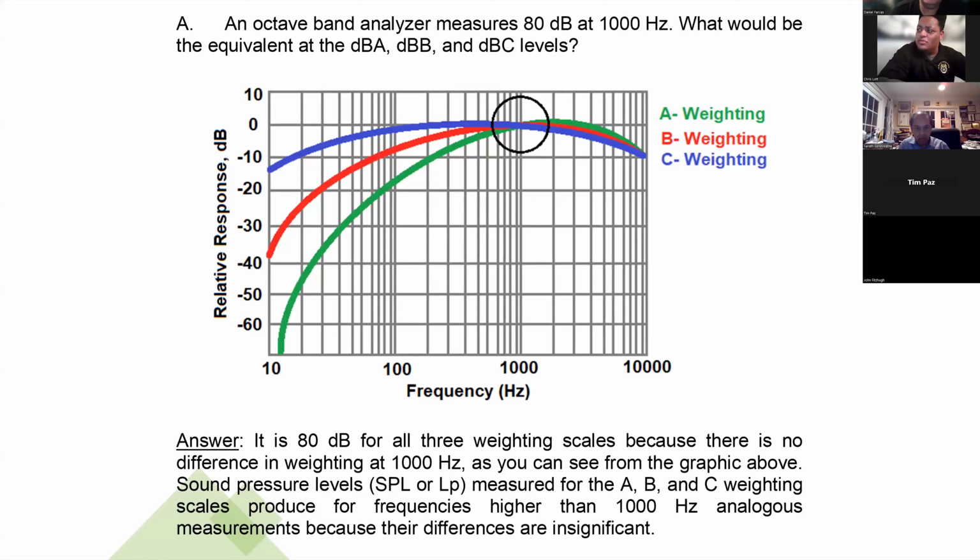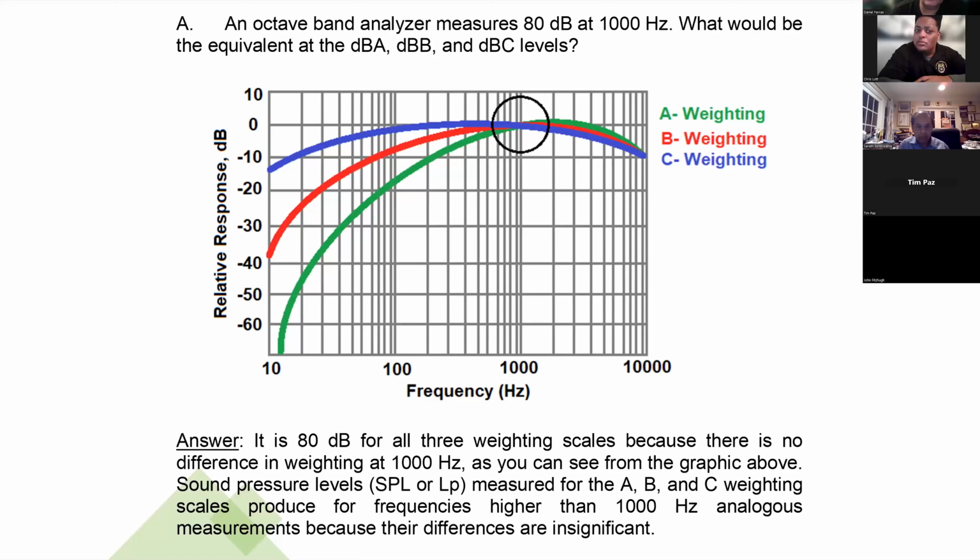You have dBA, dBB, and dBC. And the answer is, because all these curves meet at 1000, it's 80 decibels for all 3 weighting scales, because there's no difference in weighting at 1000 hertz, as you can see from the graphic.